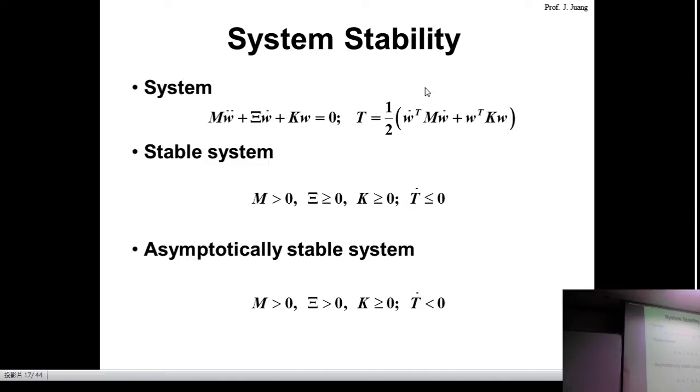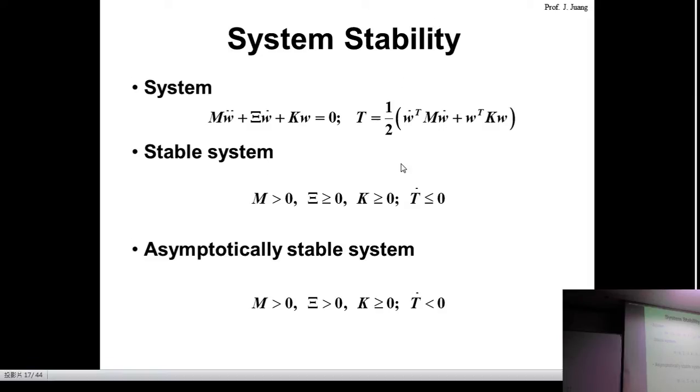Then assume we don't have that problem. This is the definition of system stability. Normally, to determine the system stability, we have to solve the eigenvalues and check whether the real parts of the eigenvalues are negative. If all real parts of the eigenvalues are negative, it means the system is stable.